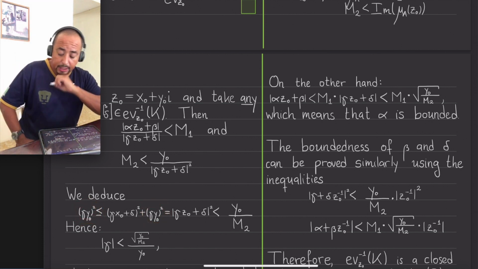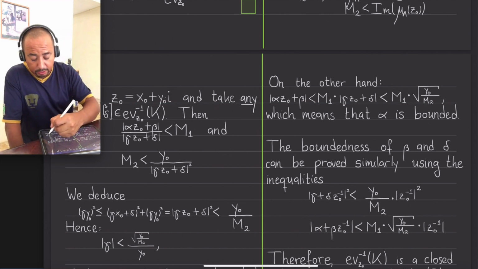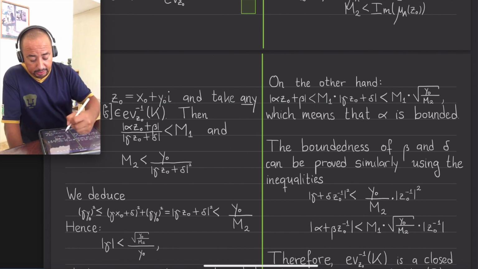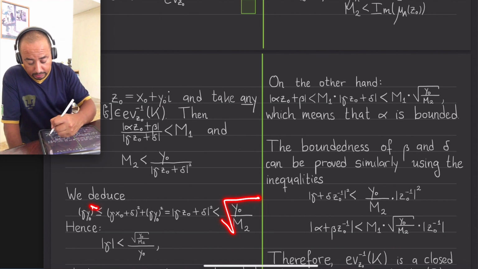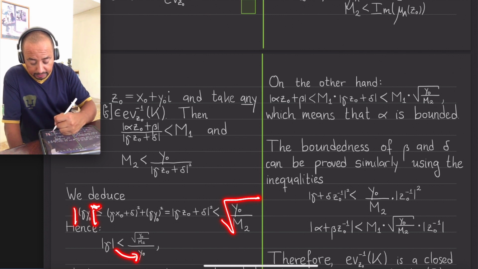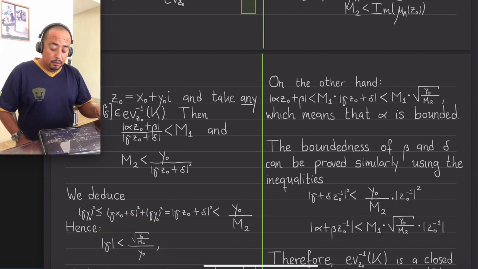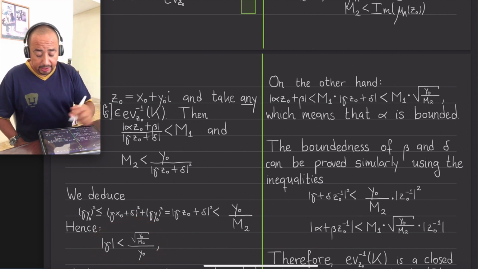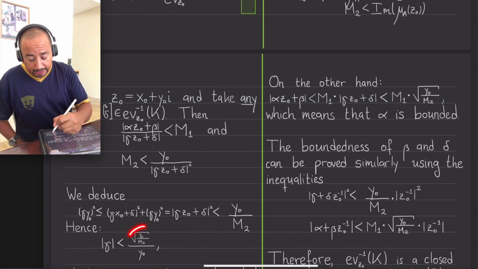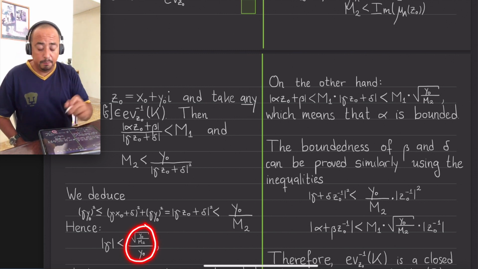Okay, now this means that when I take a positive square root, here I have absolute value, but y naught is positive, so I can just pass y naught dividing, and I obtain this inequality. Okay, now looking at that inequality, I notice that this number is absolutely independent of gamma.